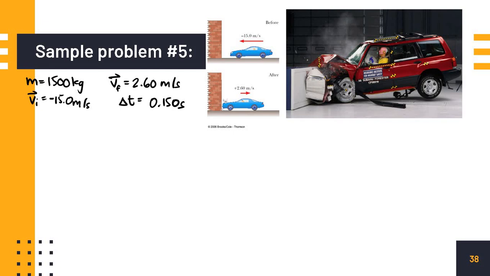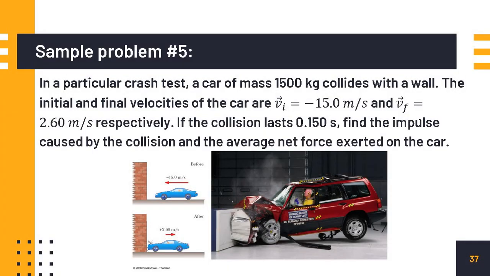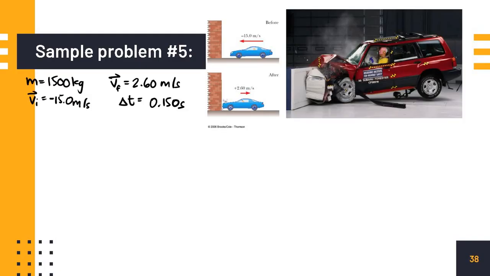Alright, now the problem looks for, number 1, the impulse, and that's the first thing that we need to look for, and number 2 is the net force. So this is a problem under a non-isolated system, so we need to use all of the things that we learned in a non-isolated system.